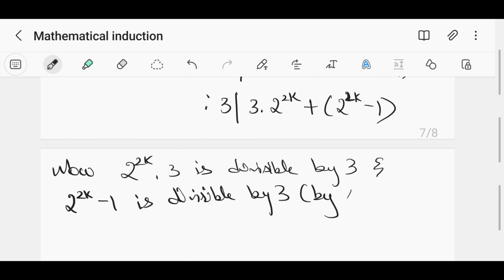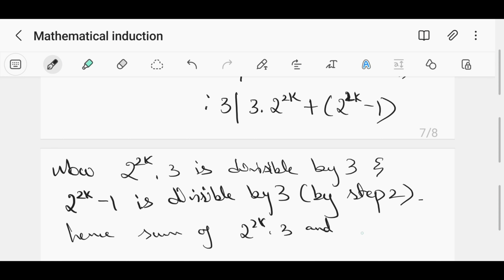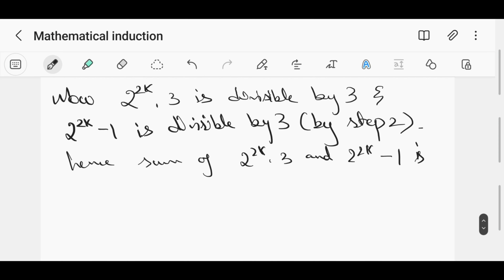This is from where? From step 2. Hence I can say that the sum of 2 to the power 2k into 3 and 2 to the power 2k minus 1 is divisible by 3. Each term separately is divisible, so the sum is also divisible by 3.